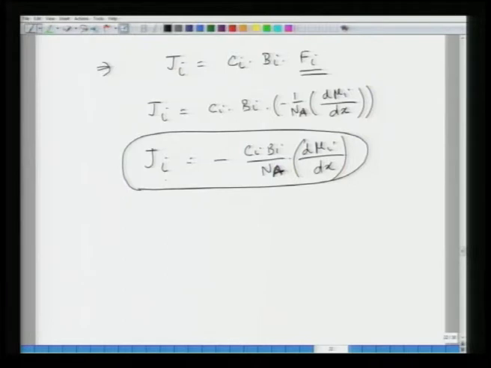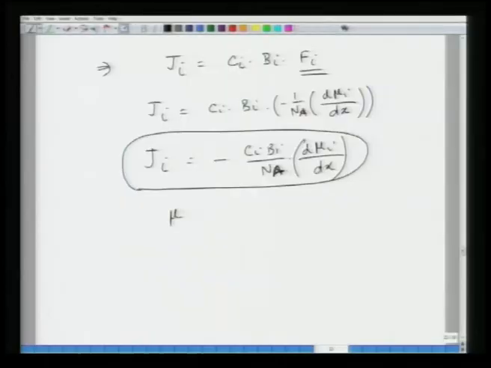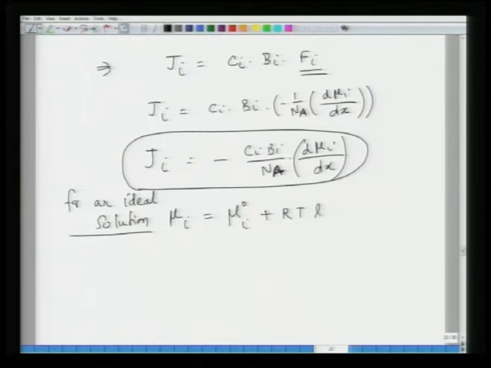Now, for an ideal solution with unit activity of each of the species, I can write the chemical potential as mu i equals mu i naught, which is the standard state, plus RT ln Ci.